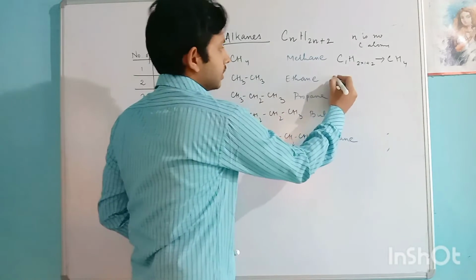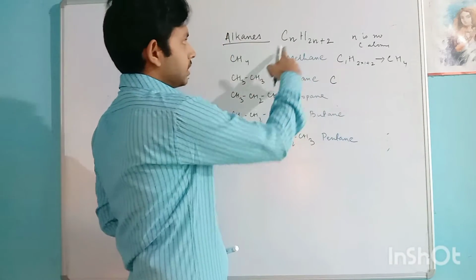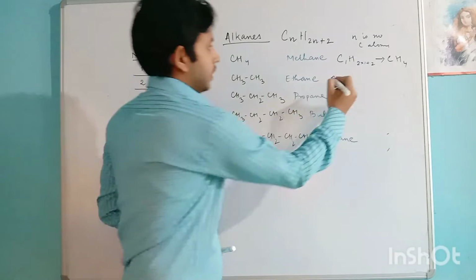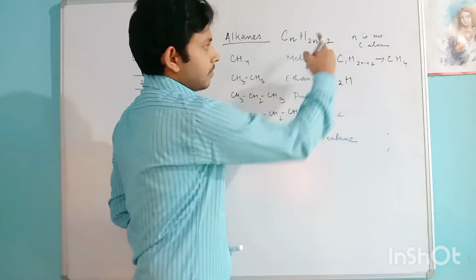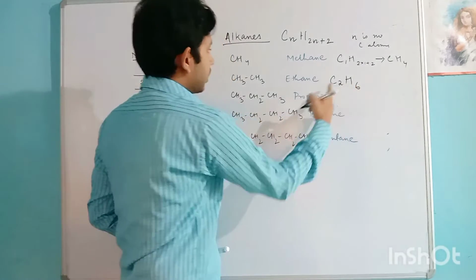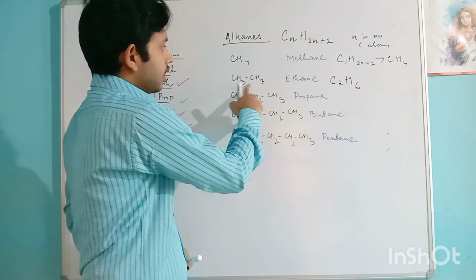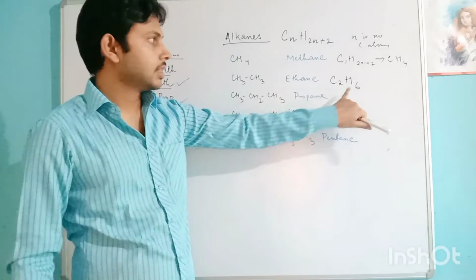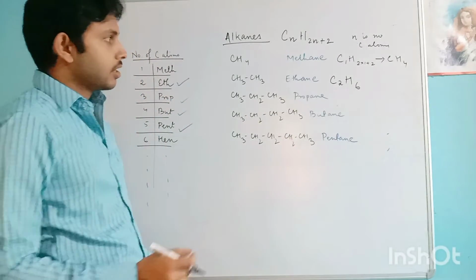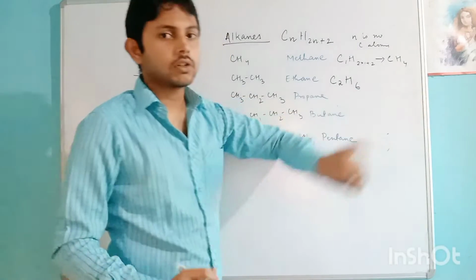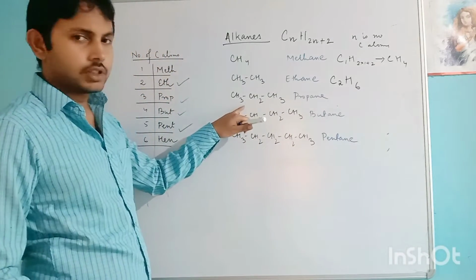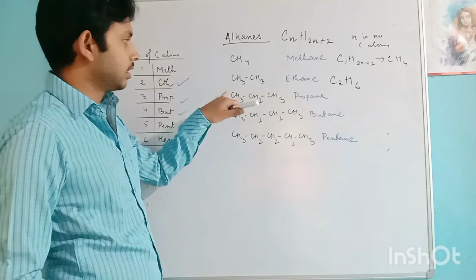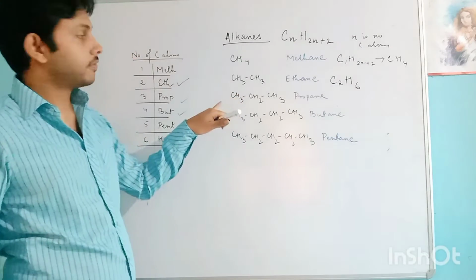Likewise for ethane, the number of carbon atoms is 2: C2H(2 into 2 plus 2), that is 6. So count here 2 carbon atoms and 3 plus 3 is 6. This is also called the condensed formula, and this you can say is the structural formula. You can write even the hydrogens in different bonds.